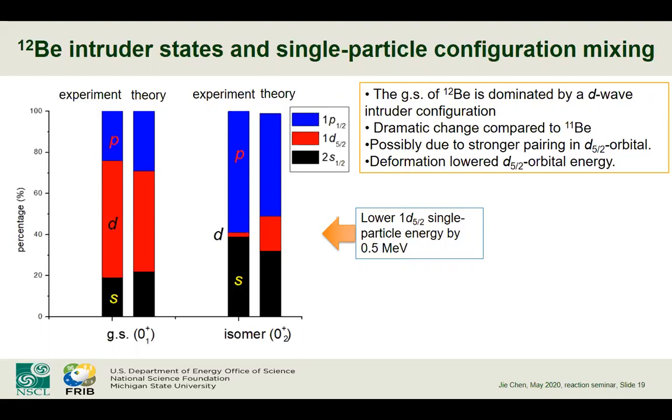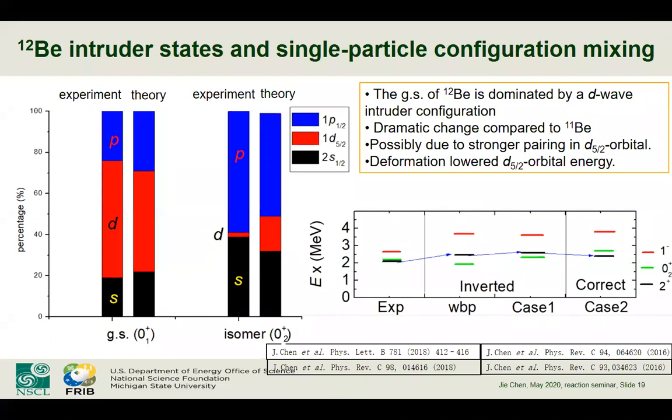This is possibly due to the stronger pairing in the d5/2 orbital, where the two neutrons outside the beryllium-10 core prefer to occupy the d5/2 orbital, and also possibly the deformation degree of freedom lowers the d5/2 single particle energy. This has been observed in the level scheme of the Nilsson model.